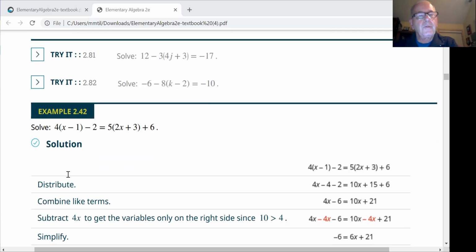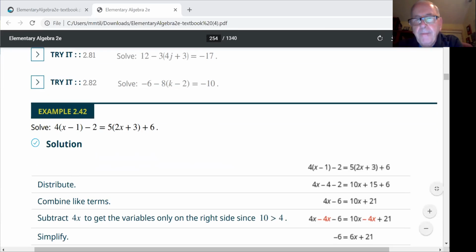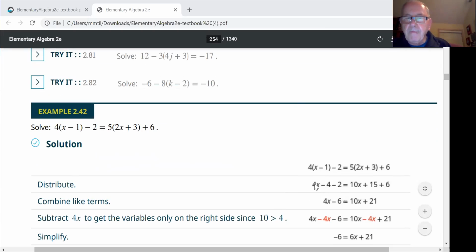So now here's one where we'll have to distribute on both sides of the equation. So it's a little longer, right? The equation is 4 times x minus 1 minus 2 is equal to 5 times 2x plus 3 plus 6. So we just distribute on the left side, so we get 4x minus 4 minus 2.